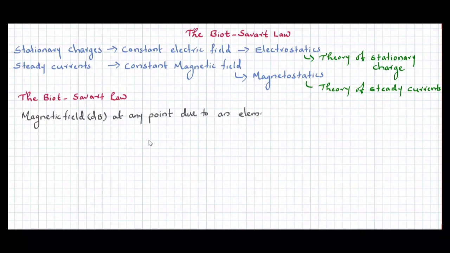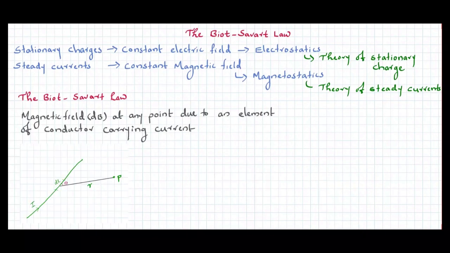The Biot law basically states that the magnetic field dB at any point due to an element of conductor carrying current is proportional to the strength of the current.